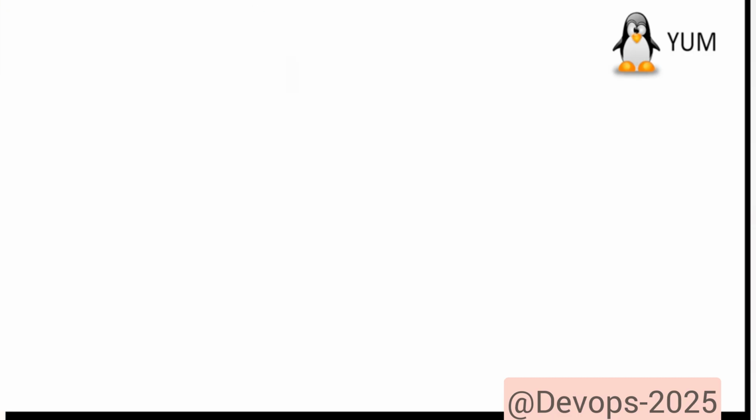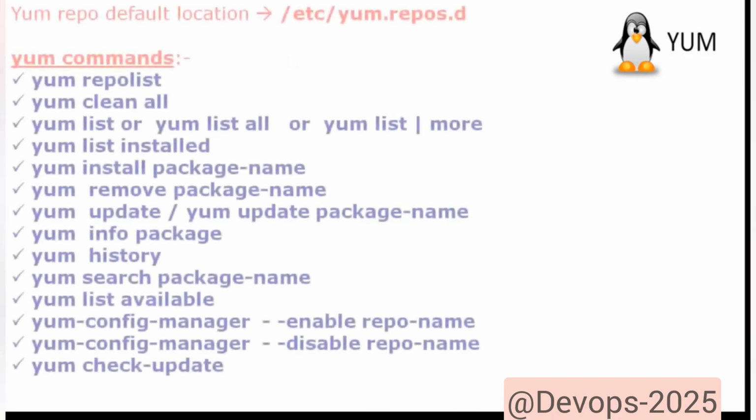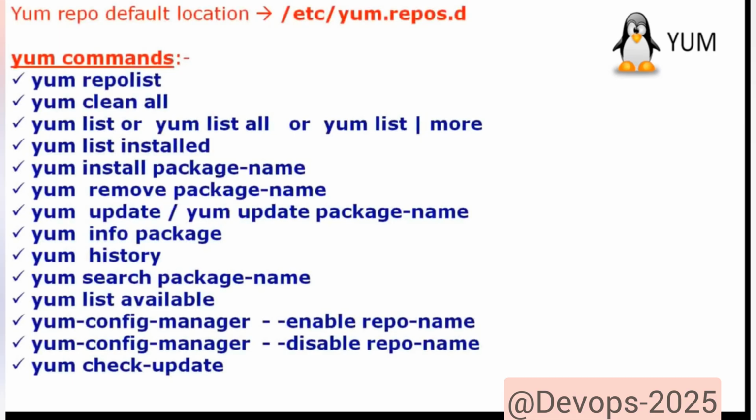The yum repository is nothing but a folder where all the software related to a particular distribution is bundled. If you take Red Hat Enterprise RHEL 7.9, then the repo will bundle all the suitable versions of that RHEL 7.9, and it will be stored in one repository, or we can set it up in /etc/yum.repos.d.